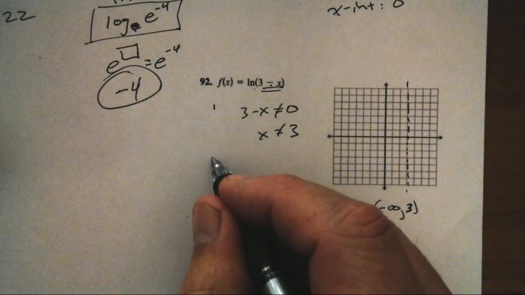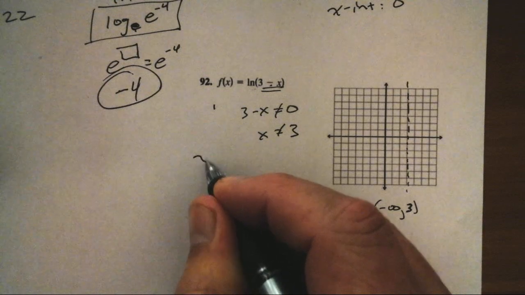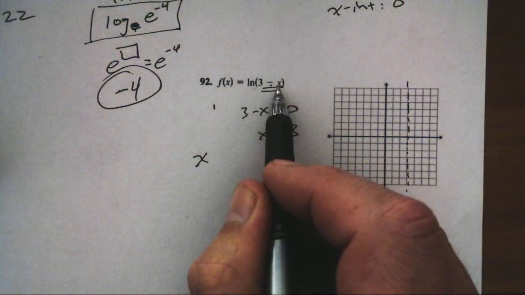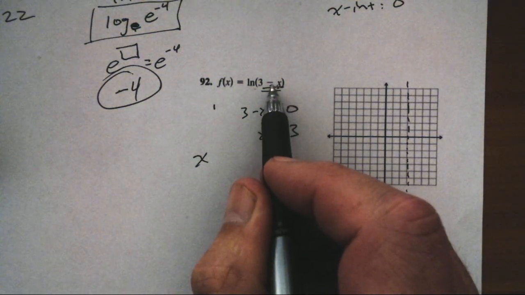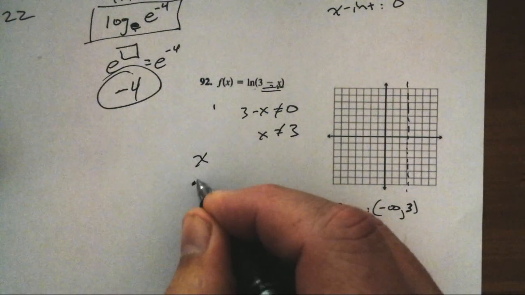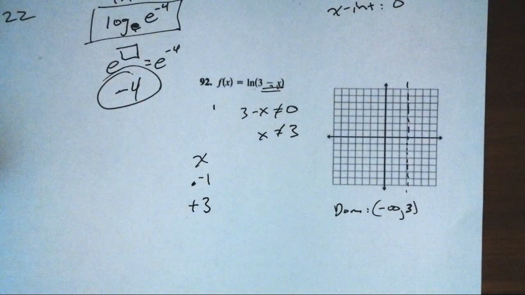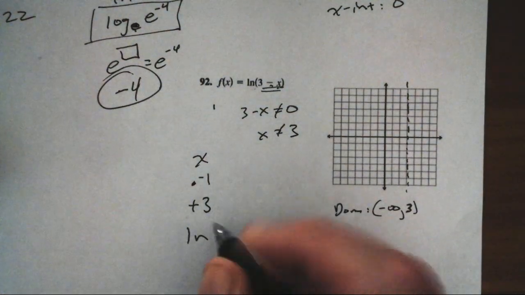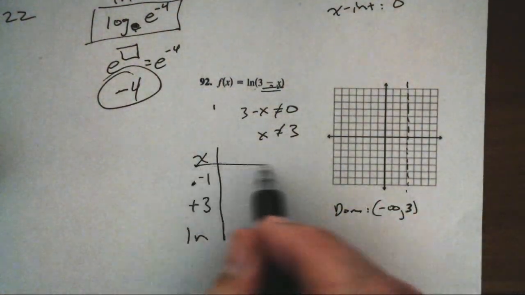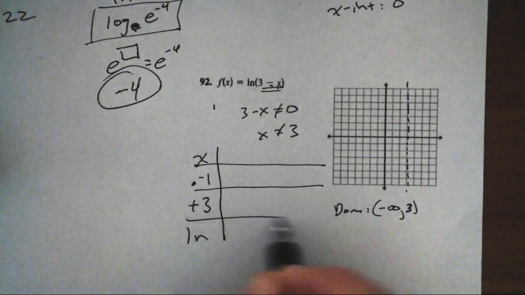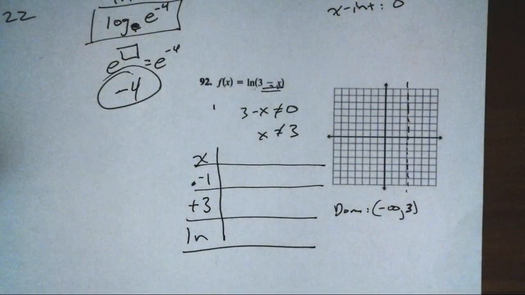Okay, so let's show you how I do this. I'm going to choose a value for x. The next thing I'm going to do to it is multiply it by negative 1, then add 3 to it. Then I'm going to take ln. So a little bit different look to this. This is the key.